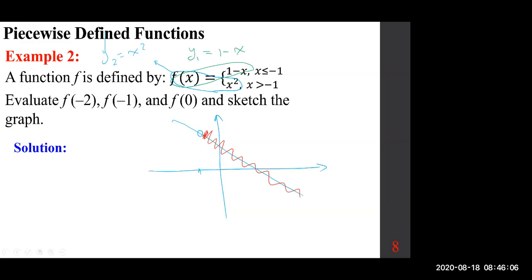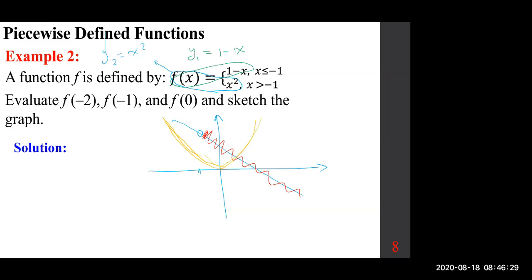Now, if you were to graph, different color here, if you were to graph the second portion, y equals x squared, it looks something like this. This is not to scale by any means, class. Probably the worst graph you've ever seen. Okay.